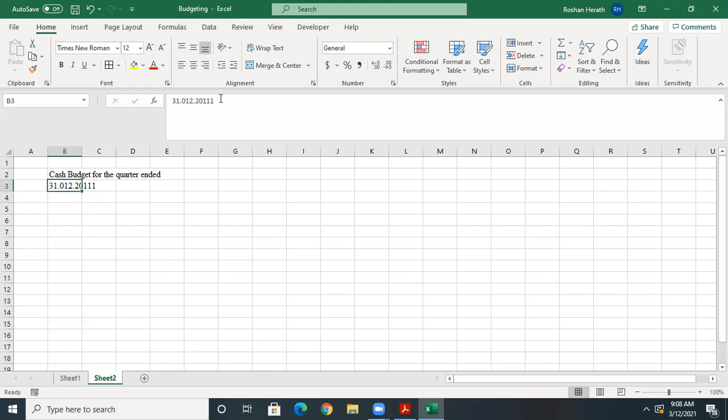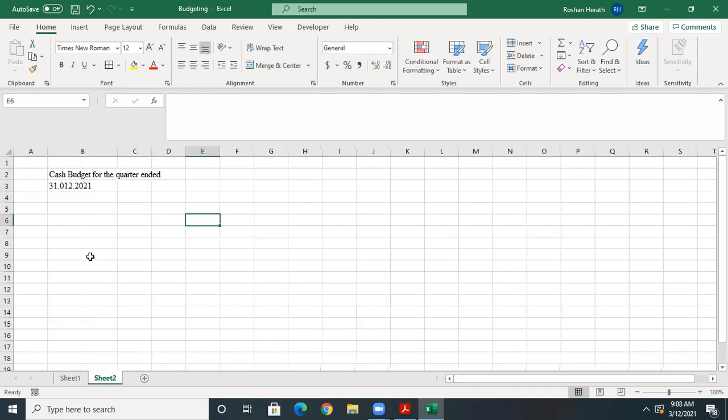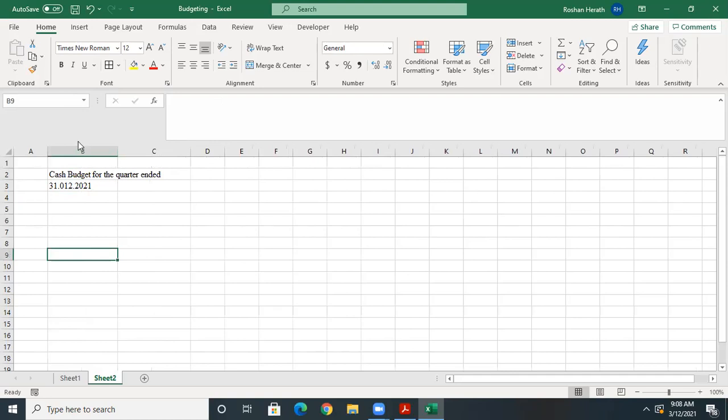We need to take it as 2021 or something, otherwise it can't be a budget. If you are preparing for a previous period, please disregard the time period mentioned.